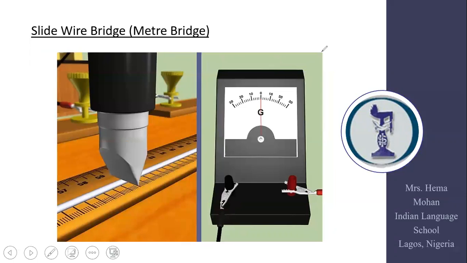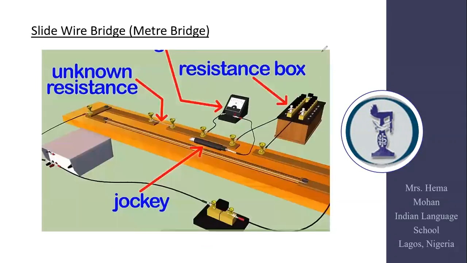This is how the jockey looks, and the knife edge of the jockey actually slides over the wire to change the point of contact on the meter bridge wire. So what we actually do is, as the jockey completes the circuit on the wire, this part of the wire acts as one of your resistances in your ratio arm, while this part of the wire acts as the other resistance in your ratio arm.